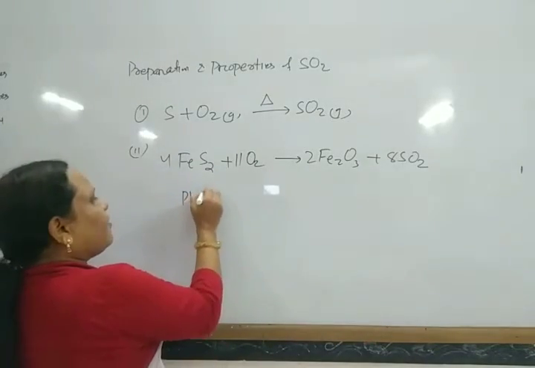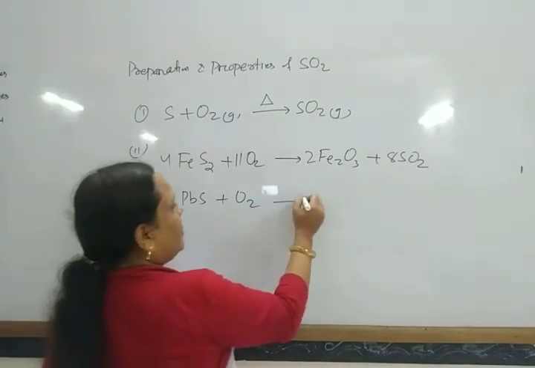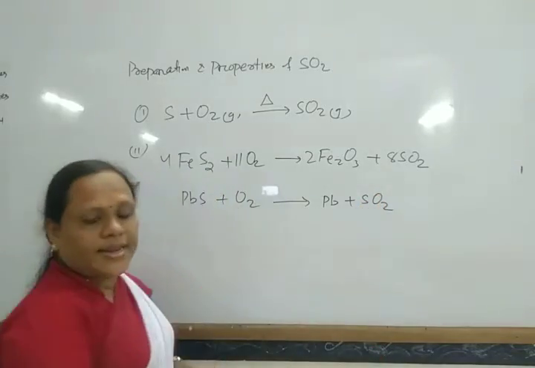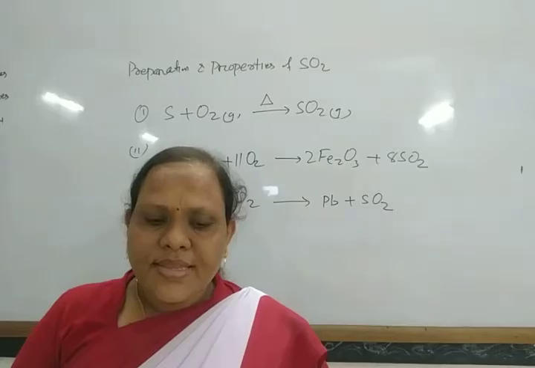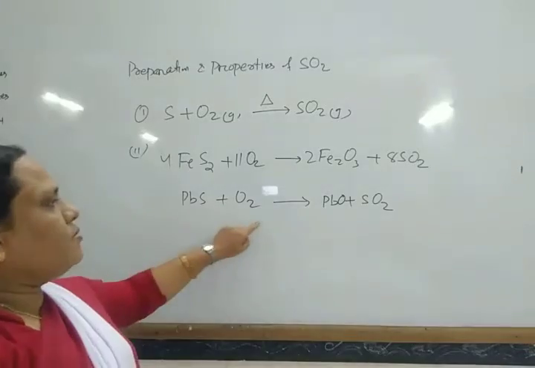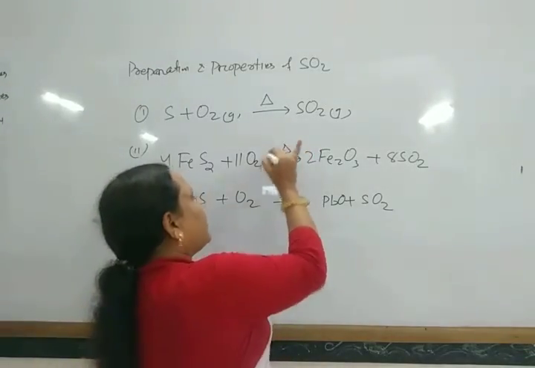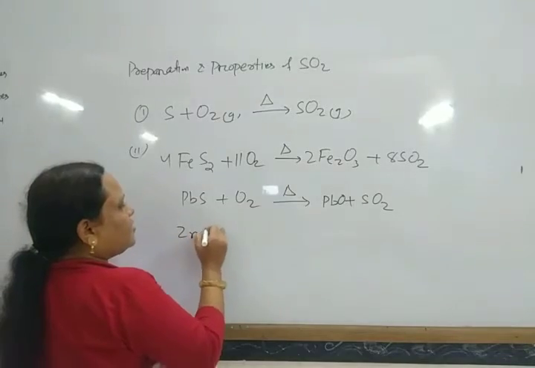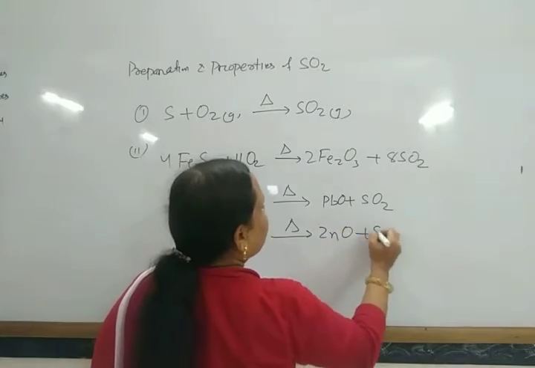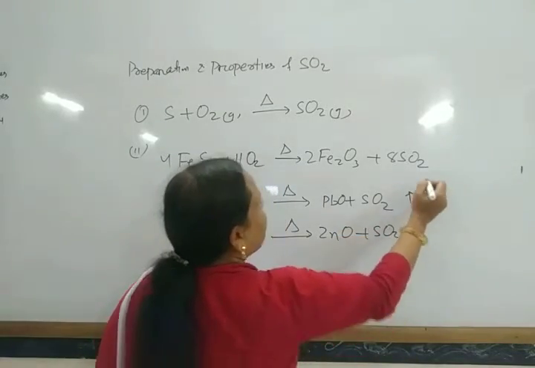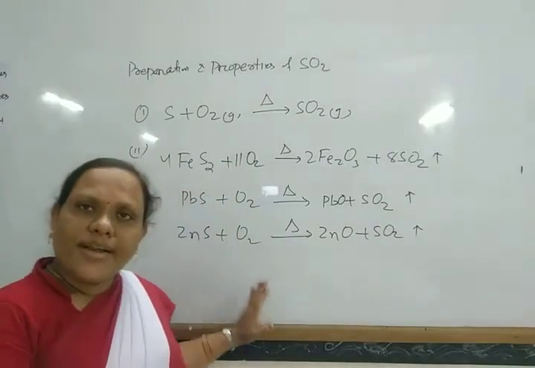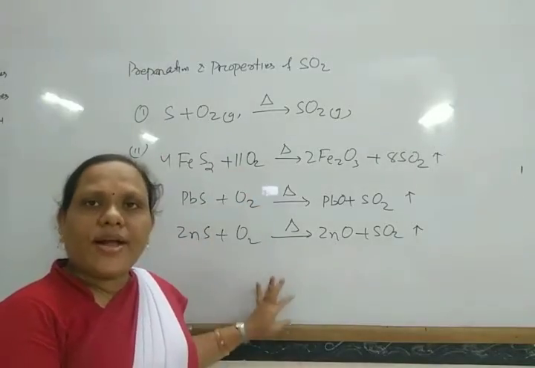Similarly, if lead sulfide is heated, it also forms PbO plus sulfur dioxide gas. Similarly, if zinc sulfide is heated, it also forms zinc oxide and sulfur dioxide gas. So in this way, sulfur dioxide gas is prepared by roasting the sulfide ores.